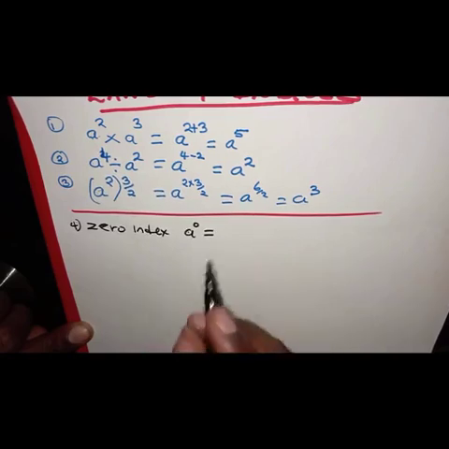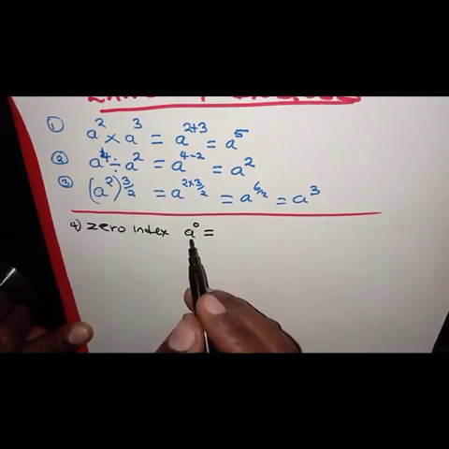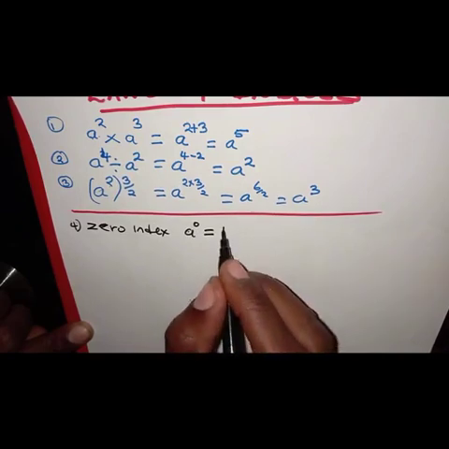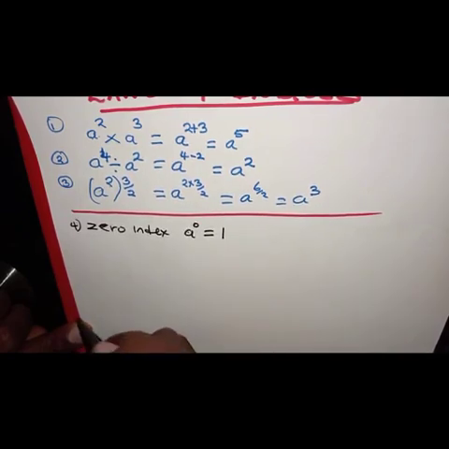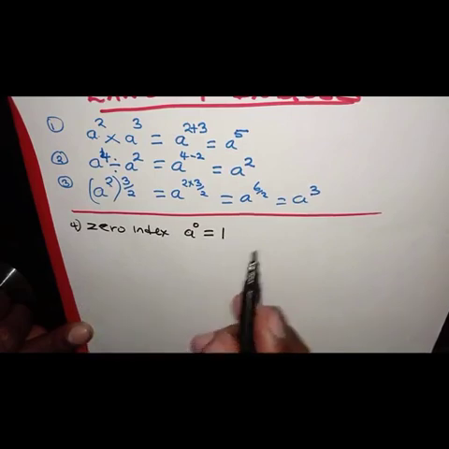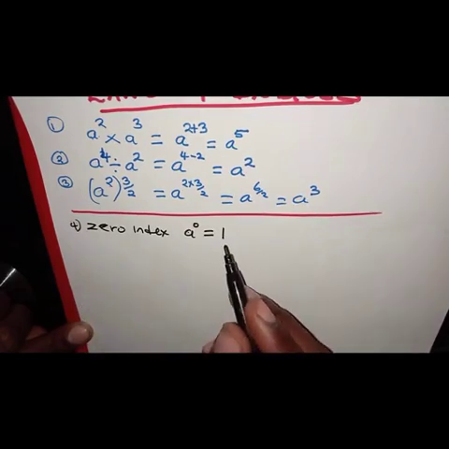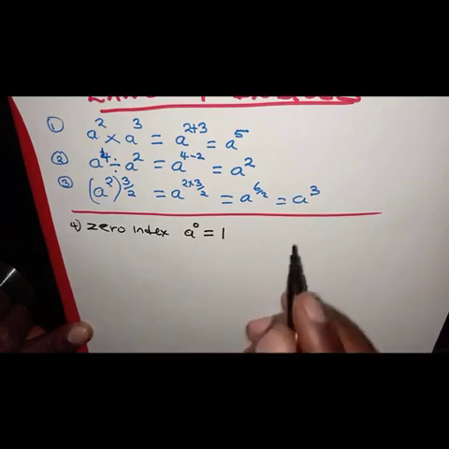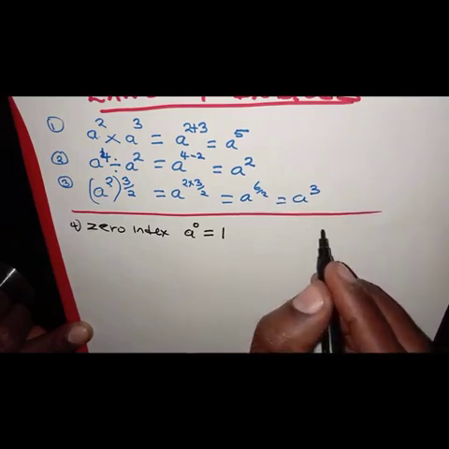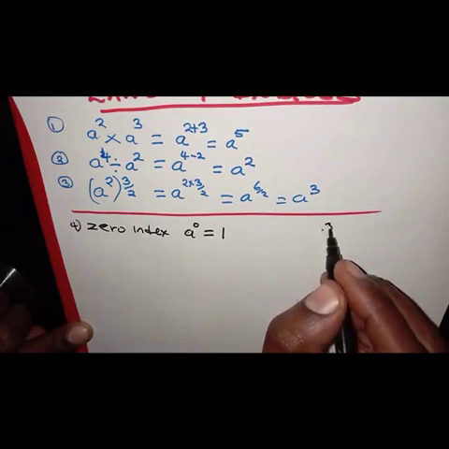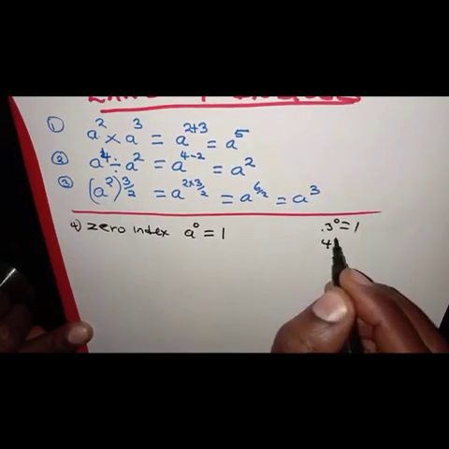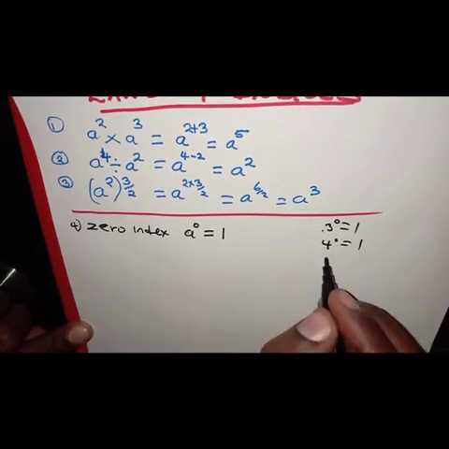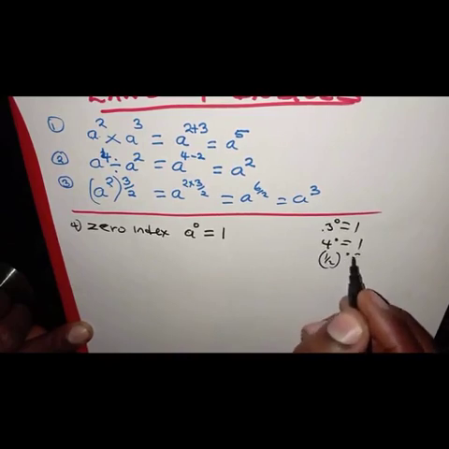Any number to the power 0 apart from 0 to the power 0, the answer is 1. It can be 1 to the power 0, 1. 4 to the power 0, 1. Negative 1 to the power 0, 1. But 0 to the power 0 is not 1. Take note. Look at this. 3 power 0, 1. Half to the power 0, 1.